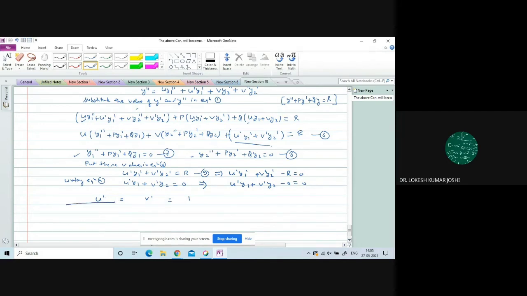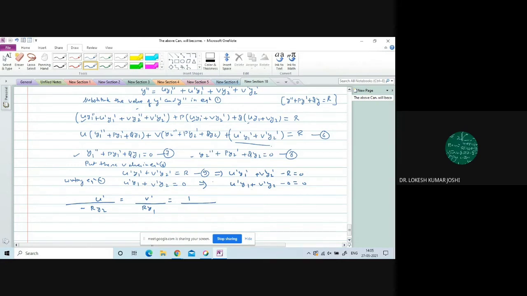If we write its solution, then u dash will become 0 minus r into y2, that is minus r into y2. What about v dash? If we cover this column, then v dash will be minus r into y1.